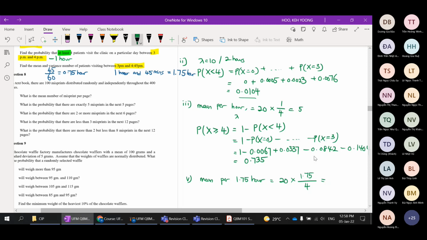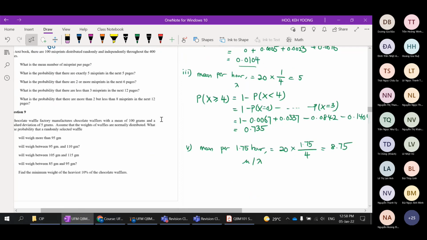So you got 8.75. So this is the average, the mean or the lambda, 8.75. How about the variance? For Poisson distributions, variance is the same as the mean. So here you get 8.75 as well.